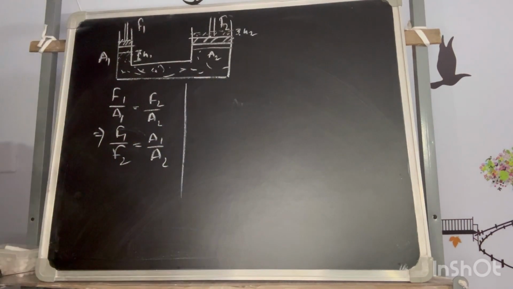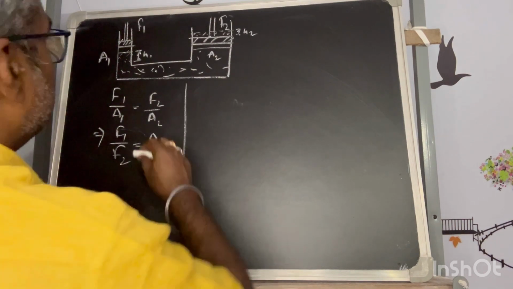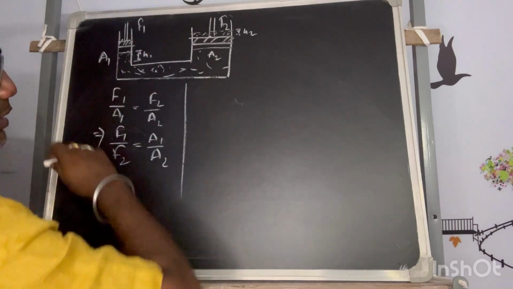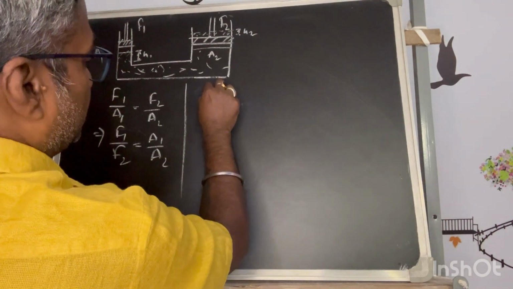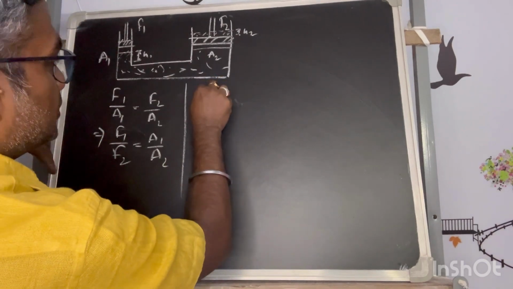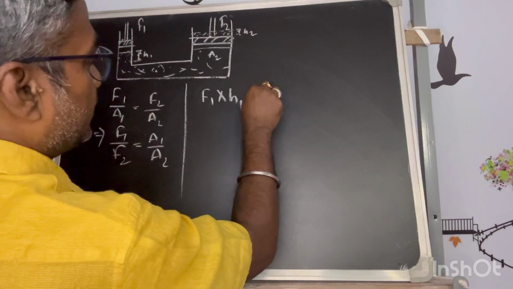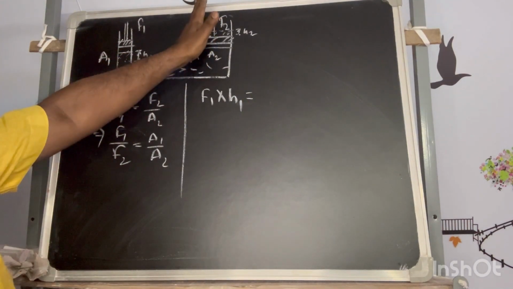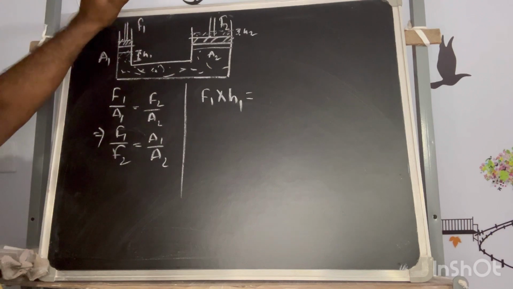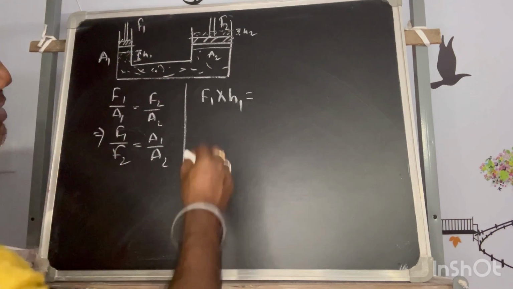Now another concept can be accepted at the same time, where whatever force is inserted, the work done in the system, that is force into displacement, will be transmitted into the other arm, because no other energy is coming into the system or going out, so energy is conserved here.